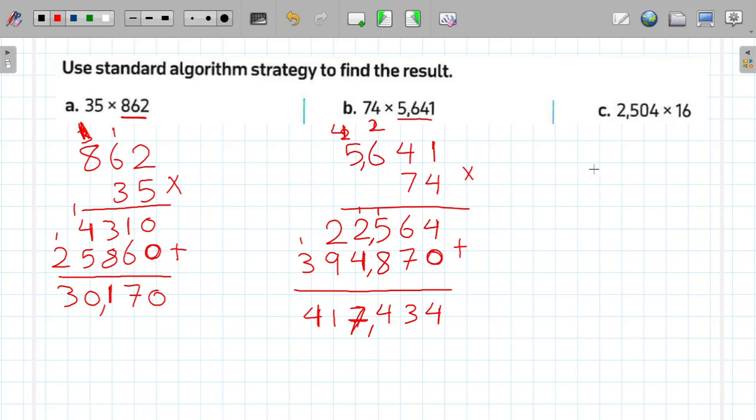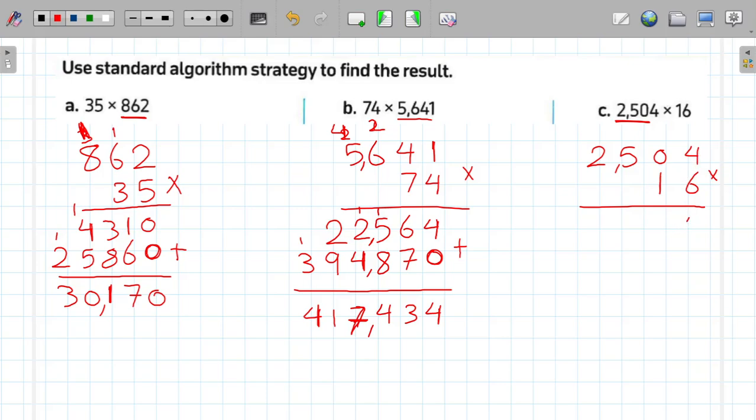Next I have 2,504 times 16. So I will write the big number first. I have 2,504 times 6, 1. 6 times 4 equals 24.